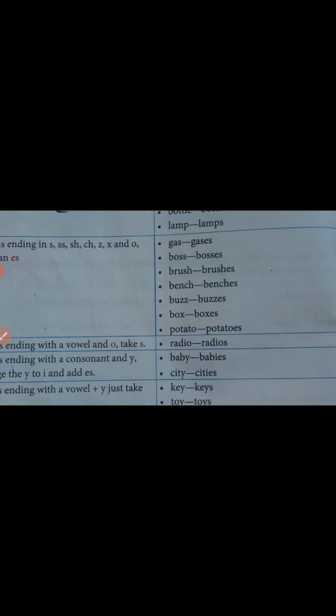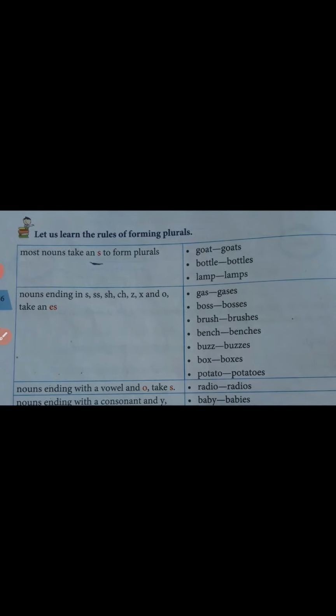So here, very first, we have the common rule: by adding s to the noun, we can change a singular noun into a plural noun. Most nouns take an s to form plural nouns. In the examples given, you can see god changes into gods.